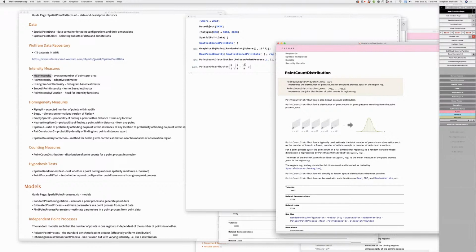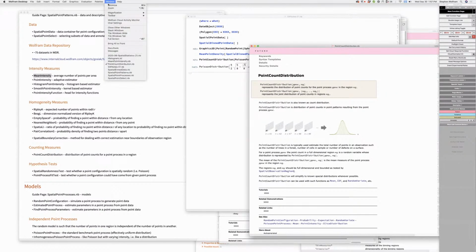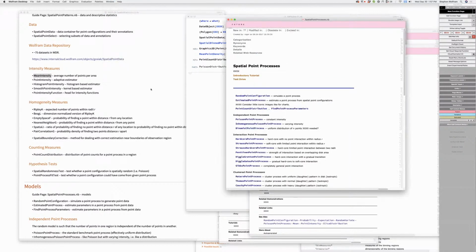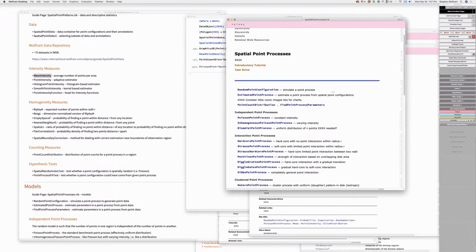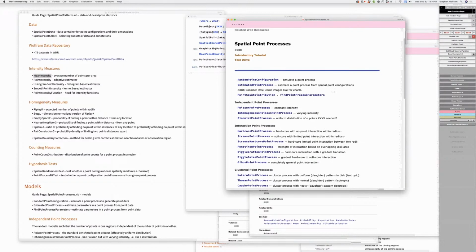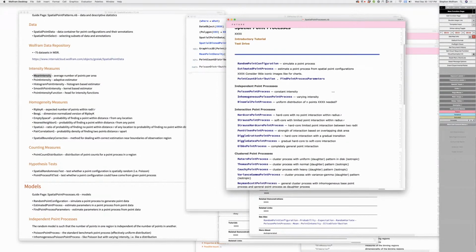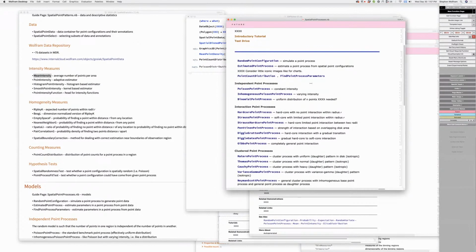Okay. Let me look at these things on this process page. Estimated point process. This took us some time. That's given data, can we fit the parameters for those mechanisms?